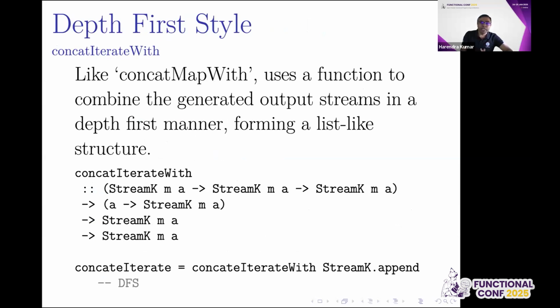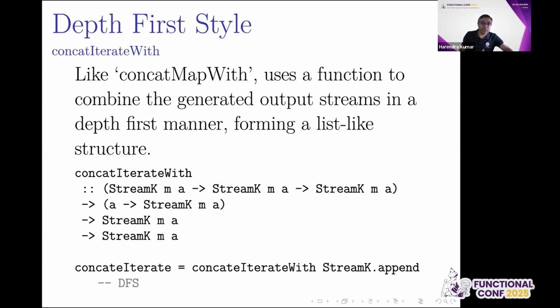Now let's do depth first style iteration. There is a concat map with combinator in Streamly, which can take a function which combines the output streams generated by the mapped function in different ways. For example, you can append them, or you can merge them, or you can interleave them.